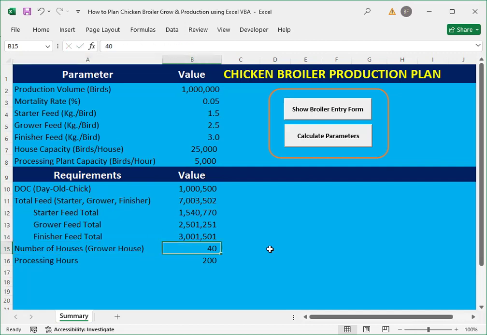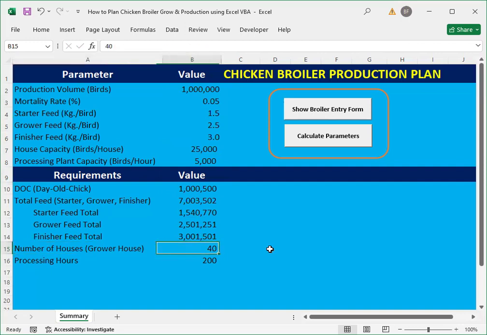Okay, the number of houses is 40. Each house will occupy 25,000 birds. This is birds per house. Therefore, to grow the target of 1 million, we do 1,500,000.